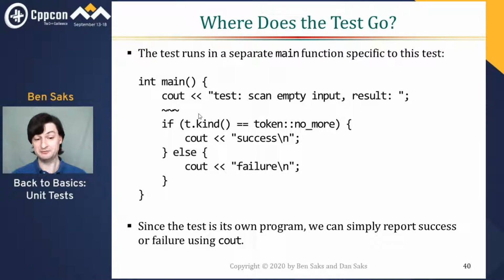And then from there, regular old cout is fine for reporting the output. We can just say, here's the name of the test that we want to run, scan empty input. So when we get to the end, we write out either success or failure, depending on whether we saw the token that we were expecting to see.